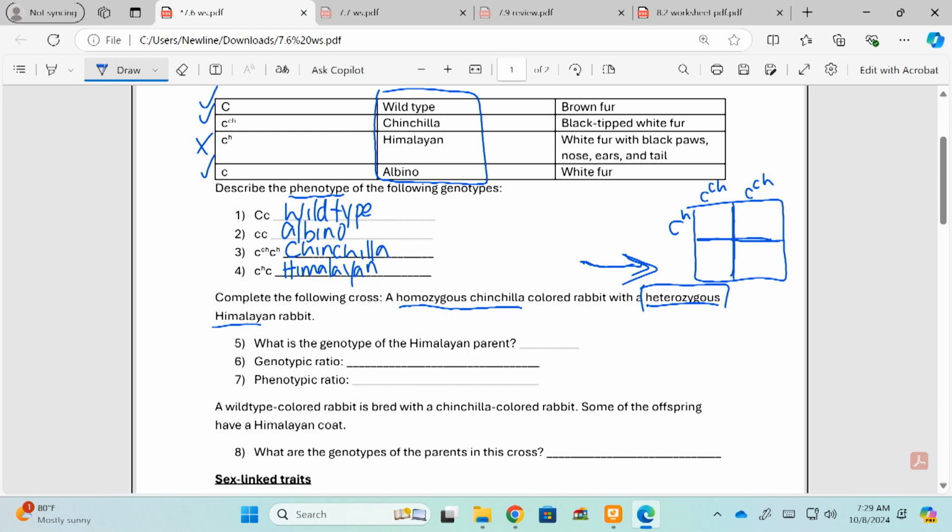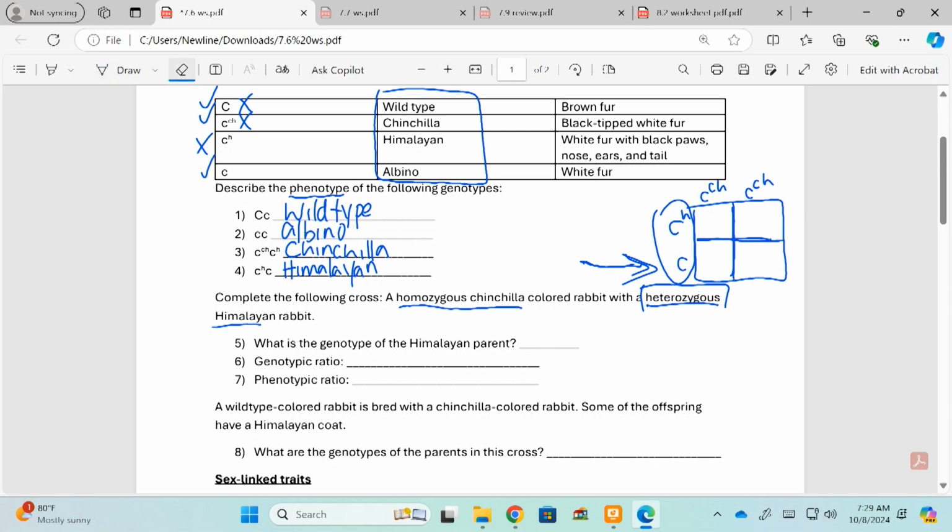What is it? Well, it can't be either one of these two, okay? Because if it was that one, the rabbit wouldn't be Himalayan anymore. If that capital C was there, it would be a wild type rabbit. If the CCH was there, it would be a chinchilla rabbit. So the only thing that can go here is that little c, because that's the only combination of these two alleles for a heterozygous Himalayan rabbit that would appear Himalayan, okay?